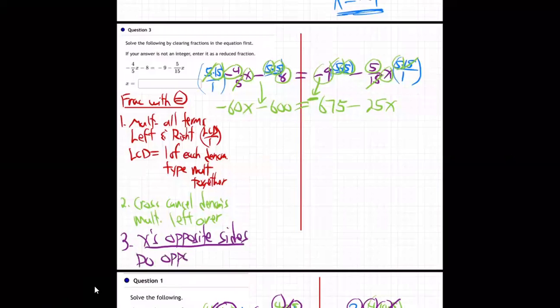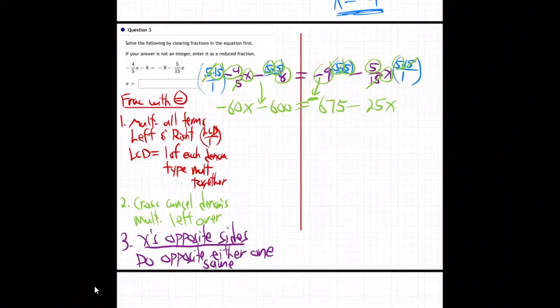Do the opposite of either one, same to both sides, right? So I'm going to come in, it doesn't matter. I'm going to go plus 25x. That's the opposite of minus 25x. And whatever you do to one side, you've got to do the same to the other. You have no choice.